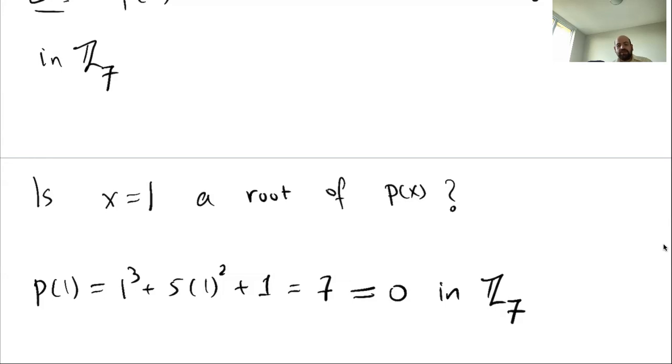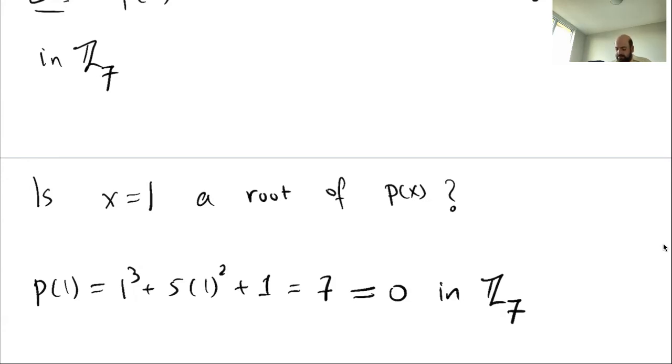Why? Because what is the meaning of equality of two numbers in Zp? Two numbers are called equal in Zp if they are congruent mod p. So are 7 and 0 congruent mod 7? Does 7 divide 7 minus 0? Yes, 7 divides 7 minus 0 because 7 divides 7.